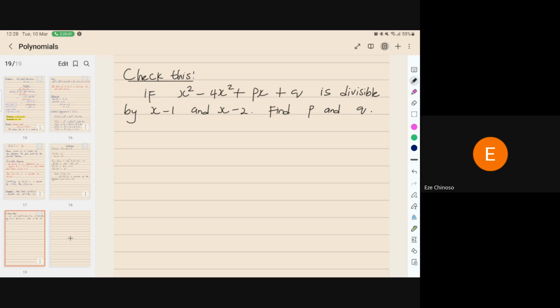I have remainder as 3 plus p times 1 plus q when x is equal to 1. Write it down now and solve for p and q. Anything you get, you solve them now. That will lead you to a simultaneous equation anyway.